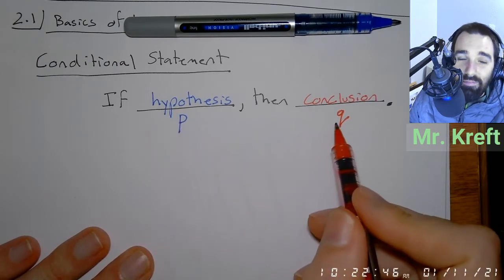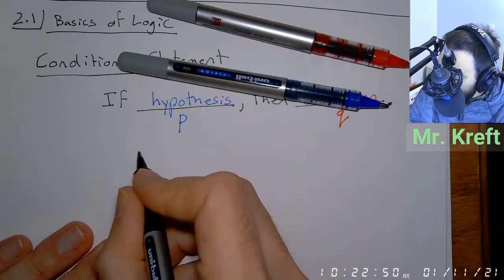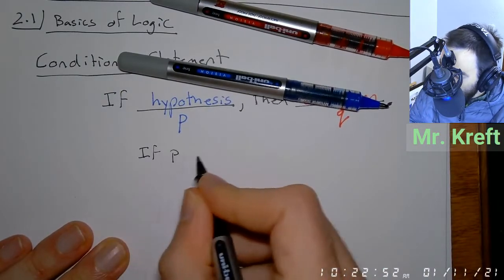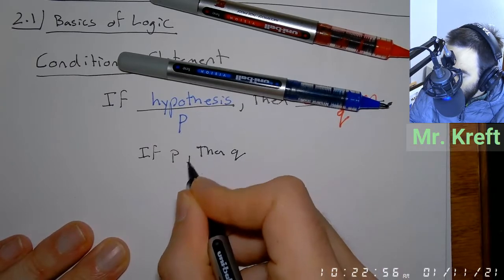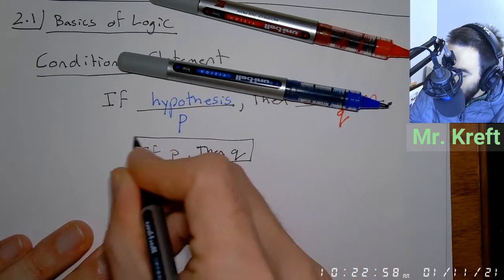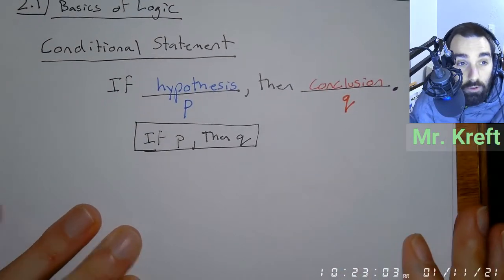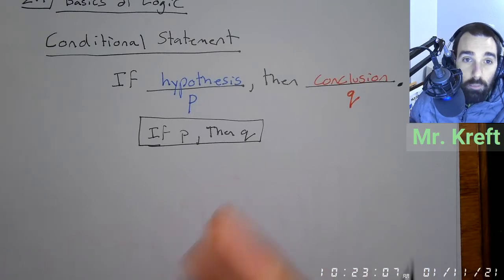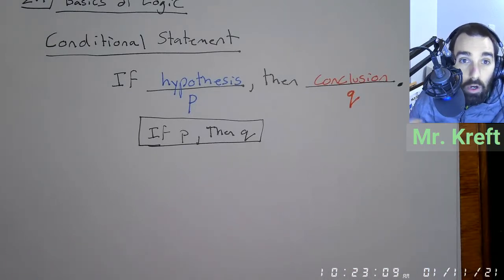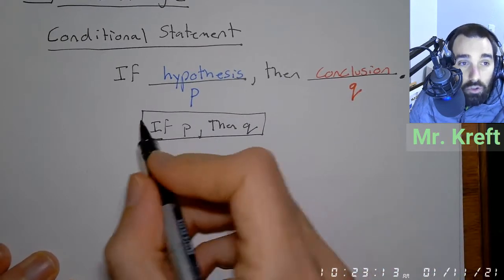So we have P and we have Q. So another way that we would write this is we would say if P, then Q. Now we're not going to do logic tables, but this is how logic tables work. So this is if you're an engineer setting up a circuit, you would use logic tables to set up your circuit so you know you got the required thing at the end. Okay, so this is if P, then Q.